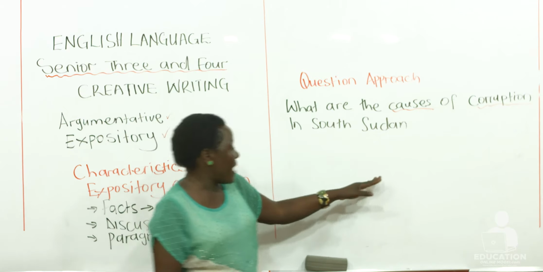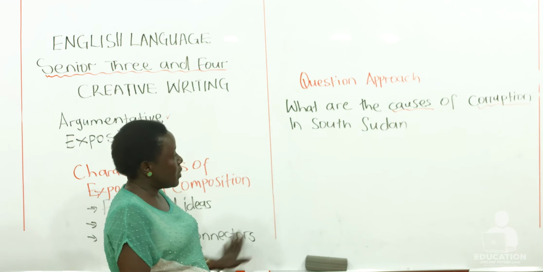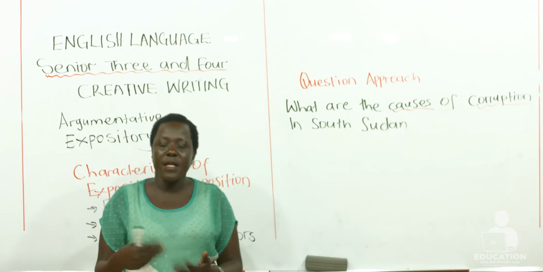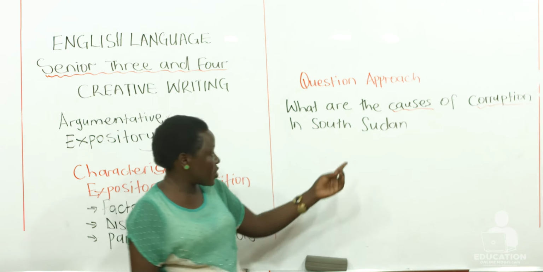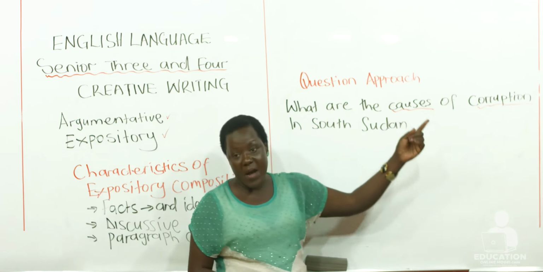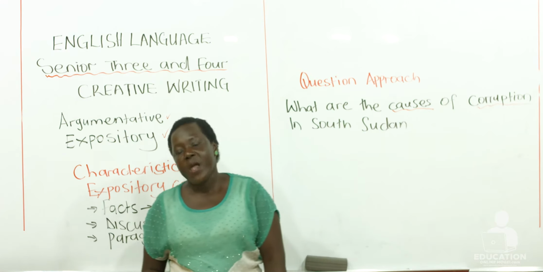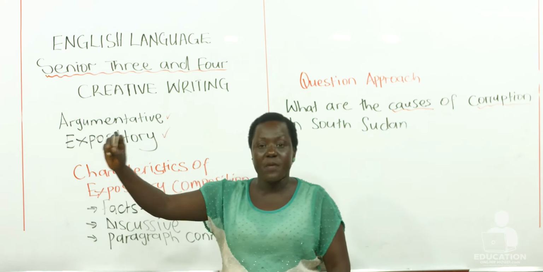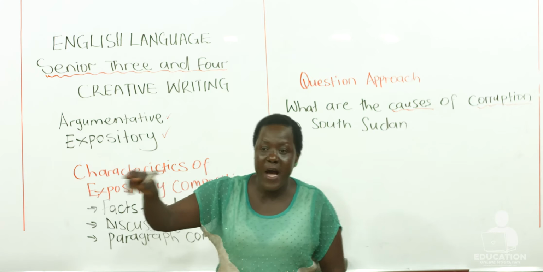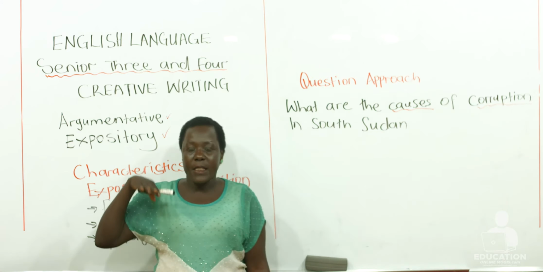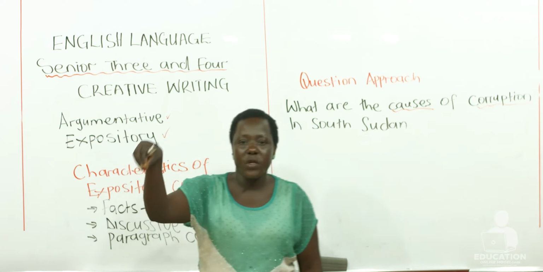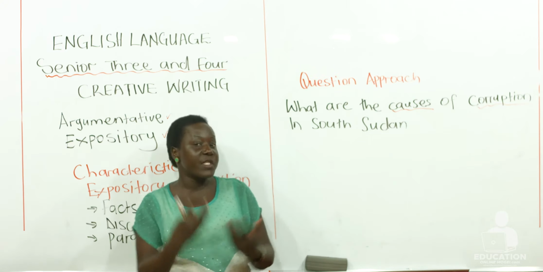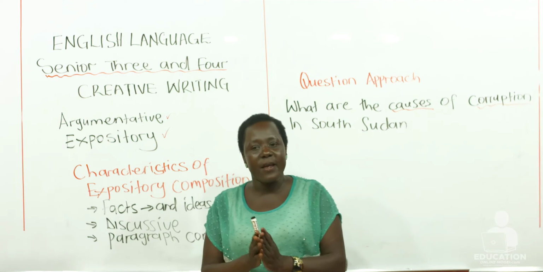Then you go on by using paragraph connectors. You will come down and say, not only greedy leaders, but corruption is also caused by poverty. People are very poor. Therefore, they look for all means of survival. That's why you find people dipping their hands into the government treasury or the central bank to use the money the way they like.